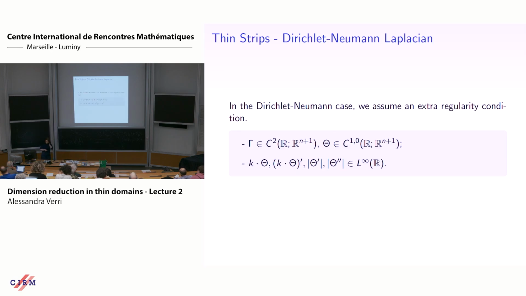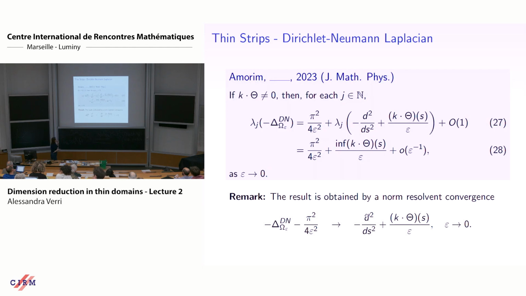So now I will talk a little about the Dirichlet-Neumann case. For this case, we needed to assume some more regularity conditions, and then the result is separated in two parts. In the first one, we assume that k theta is different from 0, and in this case we found this asymptotic behavior for the values given by the minimax principle.